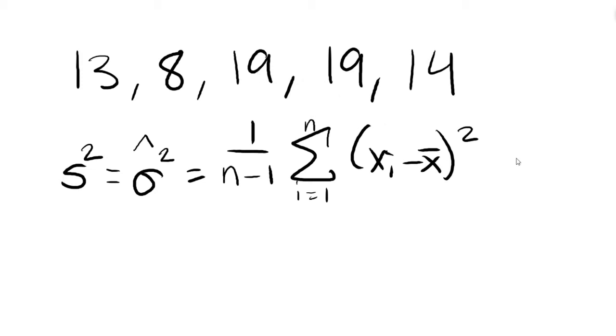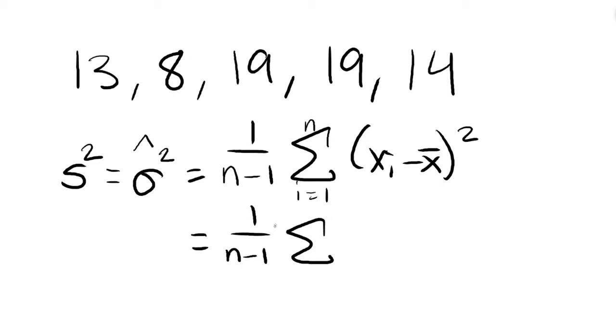We can, however, also write this formula in another way. When we have few numbers it doesn't really matter which way we write it, but when we have many numbers this other way might actually be easier. So we have 1 divided by n minus 1 still, but this sum we change around a bit.